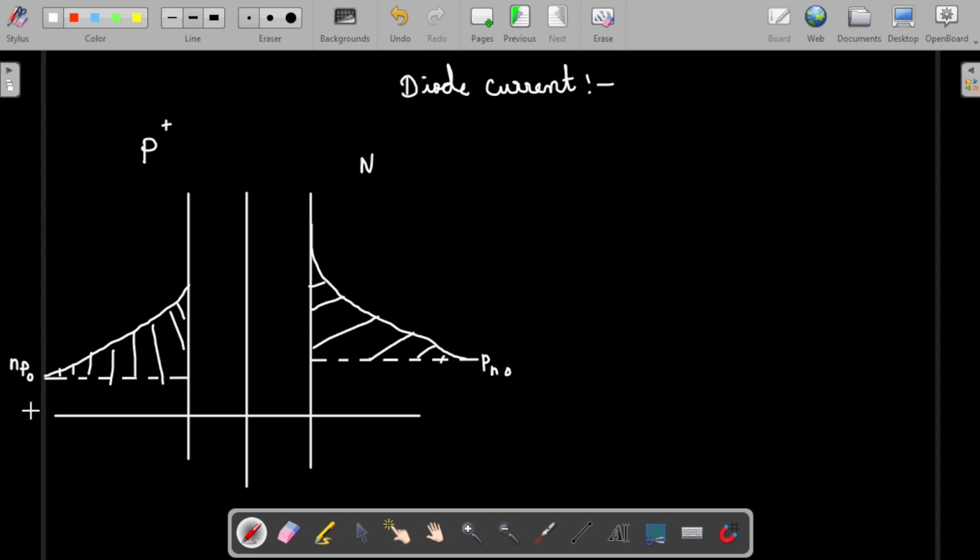So this height will be called Np0 dash, and this height we call Pn0 dash. This we already discussed in the injection of carriers. So this is minus Xp, this is Xn, this is X equal to 0.